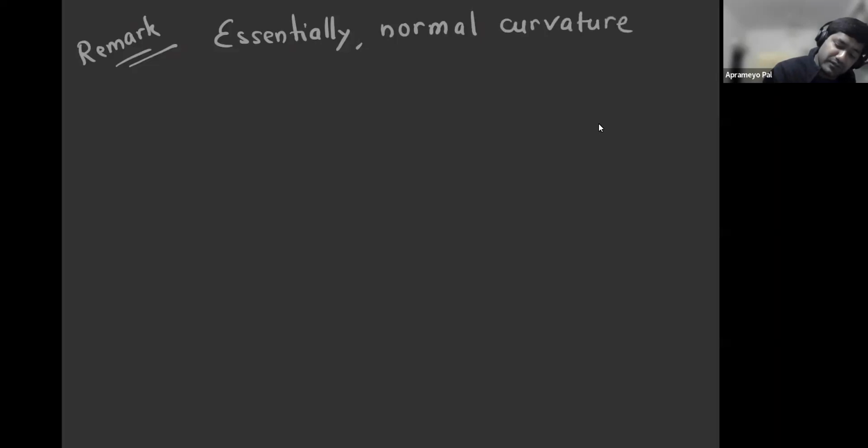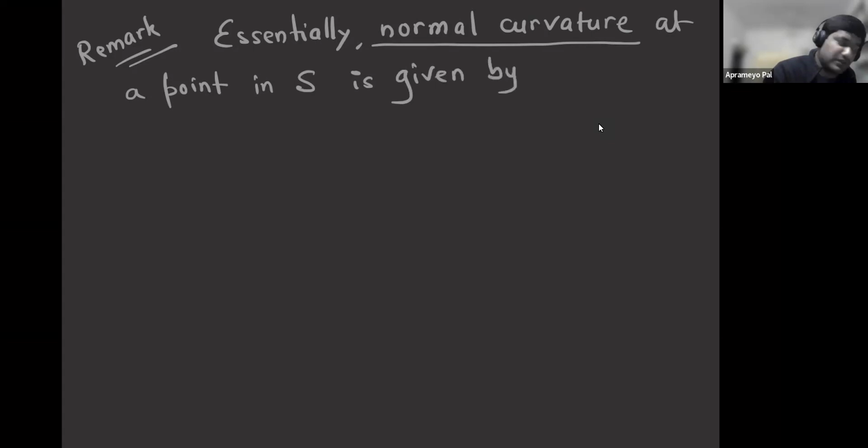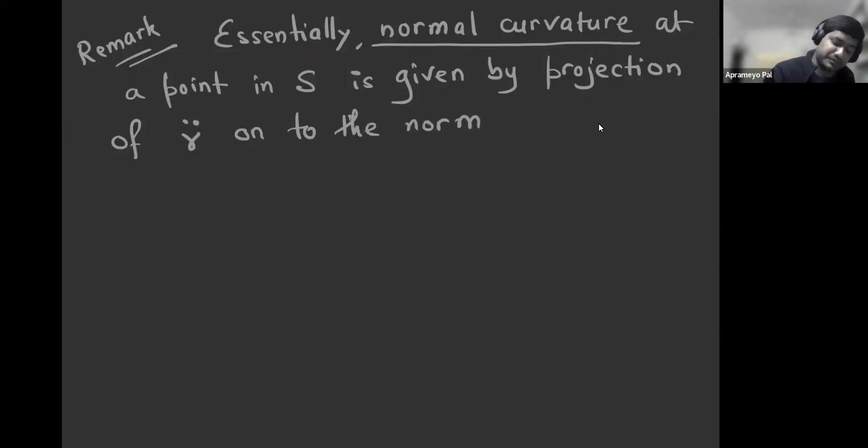So remark. Essentially, the normal curvature at a point in the surface is given by the projection of gamma double dot onto the component of the normal vector n.